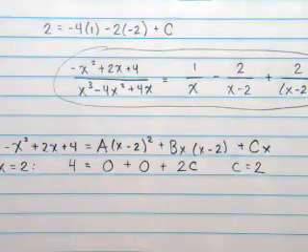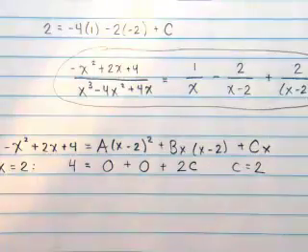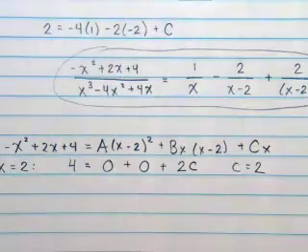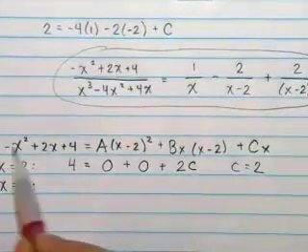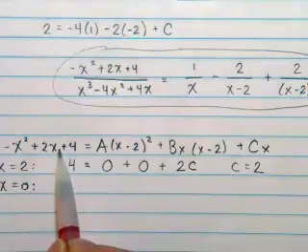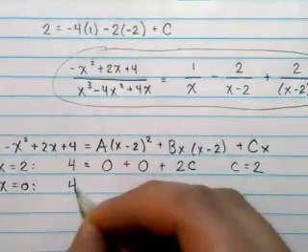Okay. Now, can anybody think of another value of x that might be convenient to help us get rid of a bunch of stuff? Go back to the first line at the top here again? 0 would be a good one, sure. So what happens to this left-hand side if I plug in a 0? It'd be 4 again, okay.